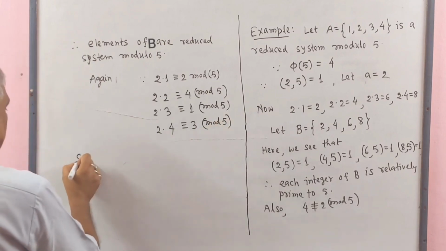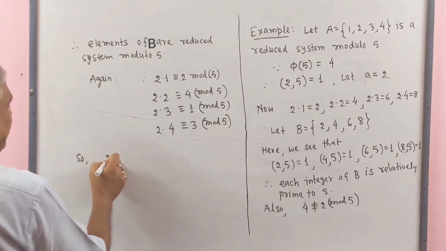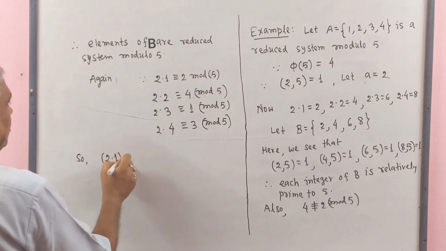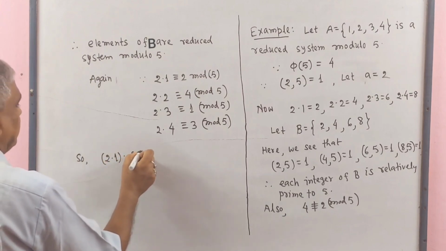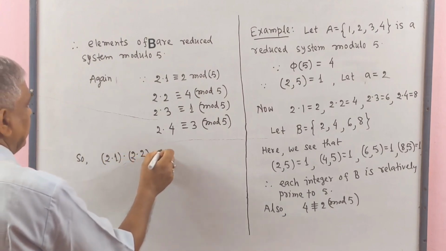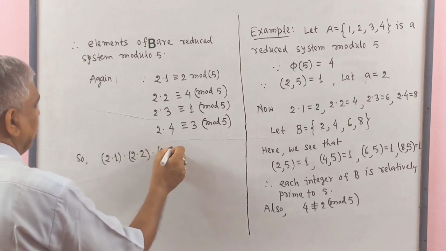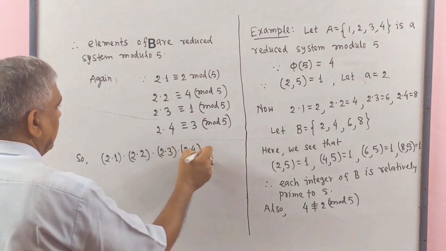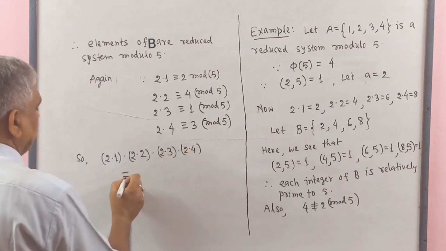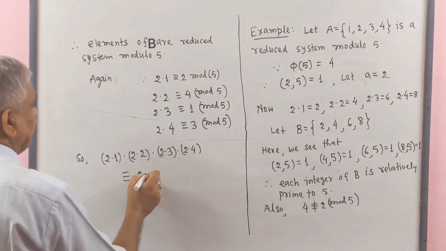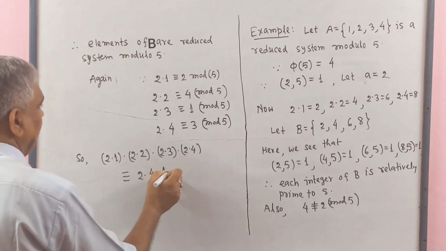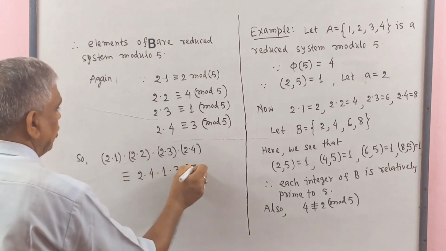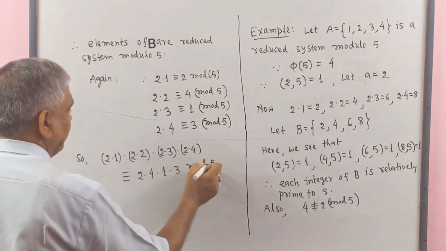So 2 multiply 1 multiply 2 multiply 2 multiply 2 multiply 3 multiply 2 multiply 4 is congruent to 2 multiply 4 multiply 1 multiply 3 modulo 5.